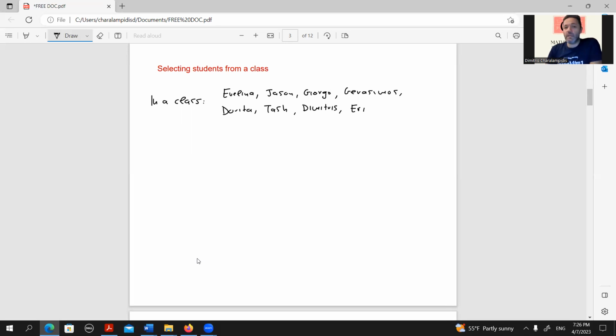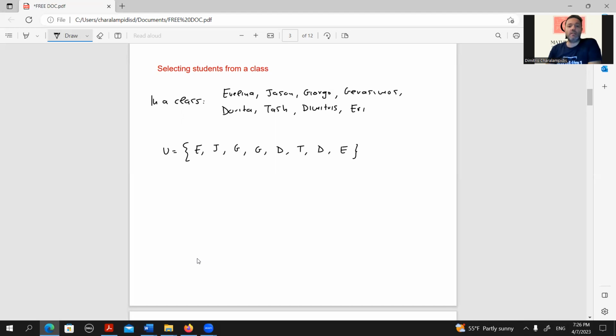If we randomly select one student, then the universal set would be any of these students, of these persons in the class. So the universal set would include simply all the students in the class. So it could be Evelina, Jason, George, Gerasimos, Dorita, Taz, Dimitris, and Eri.